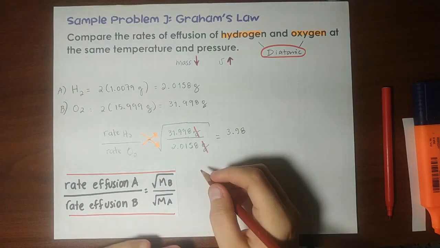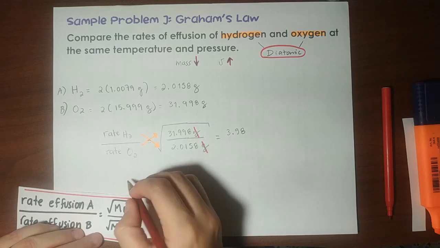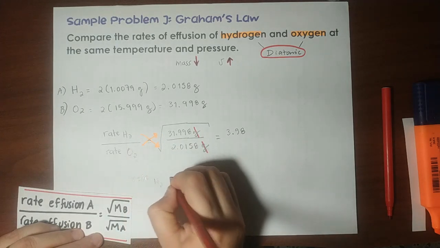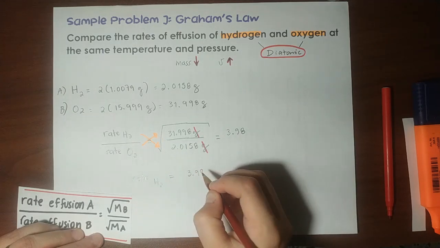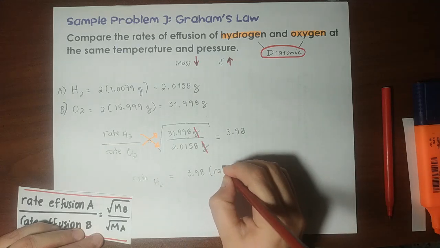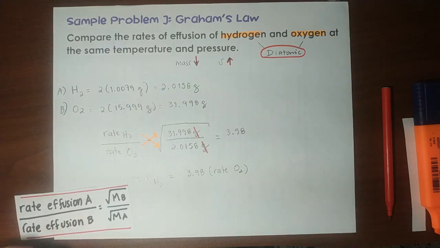So take a look. If I want to know my rate of hydrogen, my rate of diffusion of hydrogen is equal to 3.98 times the rate of diffusion of oxygen.